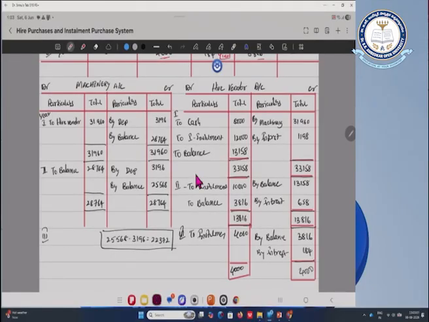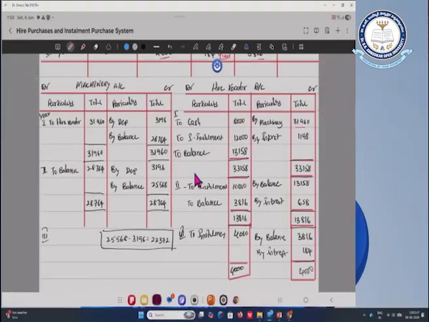Generally, in the hire vendor account, all incomes we show on the credit side. All income means what? The interest the buyer pays to the seller is income for the hire vendor, so we credit it to the account. So, in total how much does the buyer need to pay?